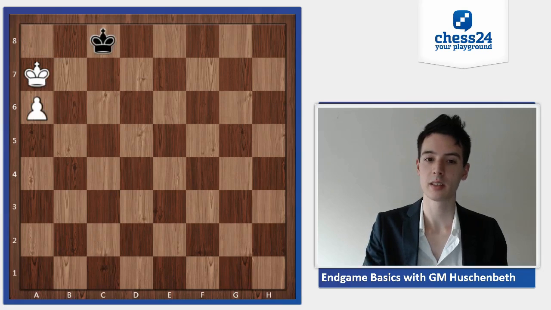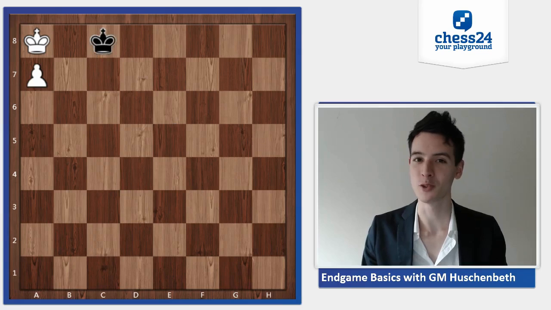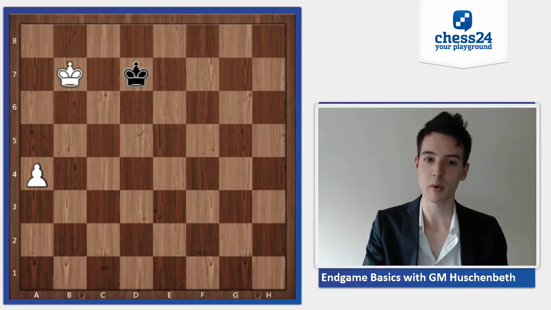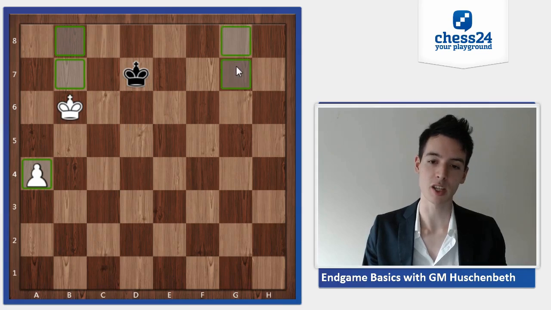And here you can push your pawn to a7, but now you don't have any moves left, and it's actually black who's stalemating white in this case. So just to remember, the key squares are on b8 and b7 for the a pawn, and of course for the h pawn it's g8 and g7.